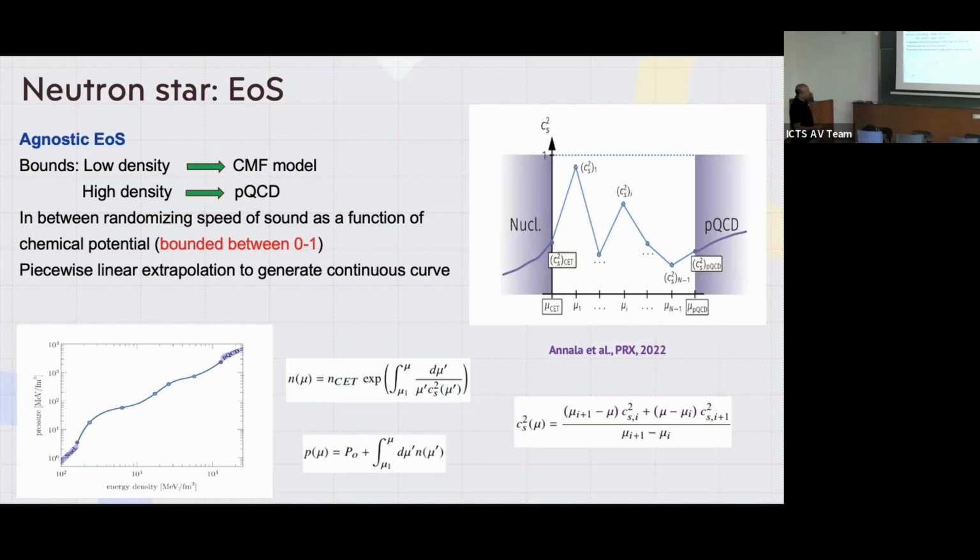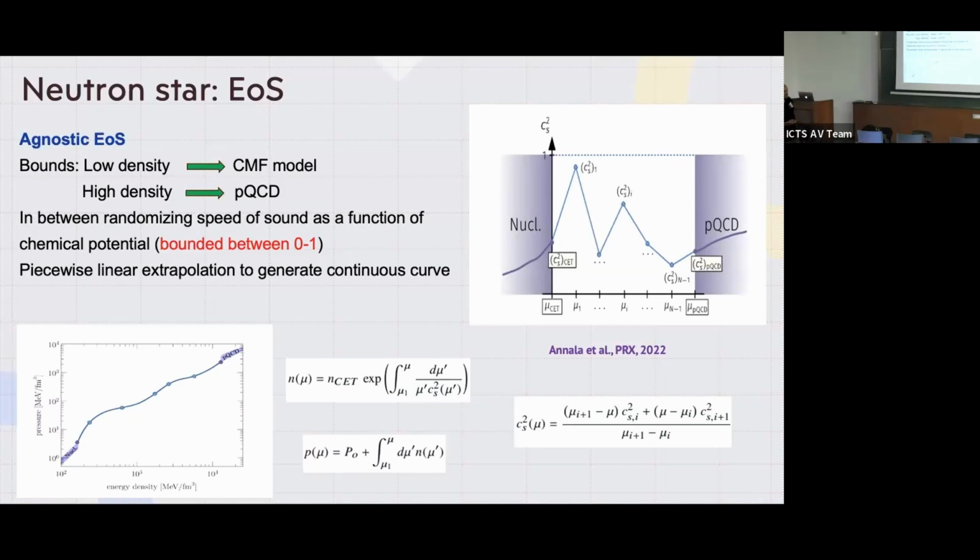So what we can do is randomly choose, continuously for a single equation of state, different c square values, and once we have chosen c square values, we'll connect them with a piecewise linear extrapolation to generate a continuous curve. From the c square values we also know the mu, because this is chosen with respect to mu, and from there we can calculate the number densities and the pressure.